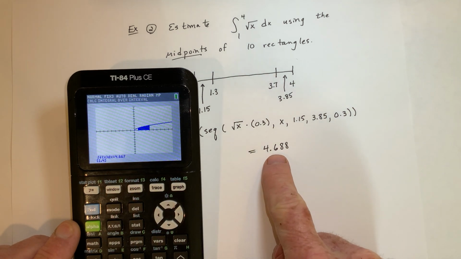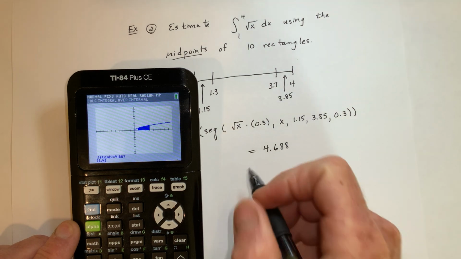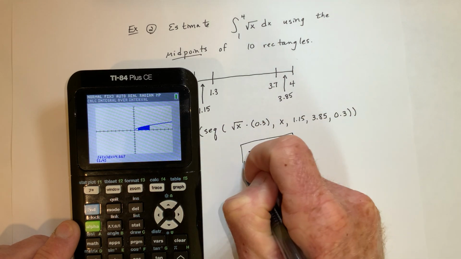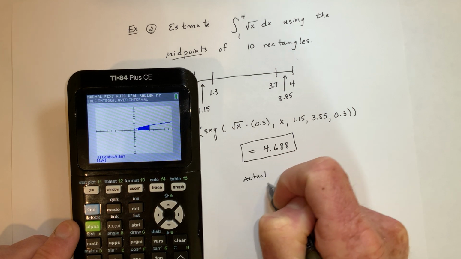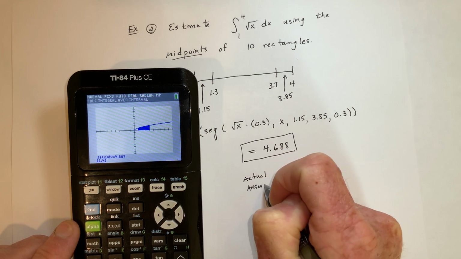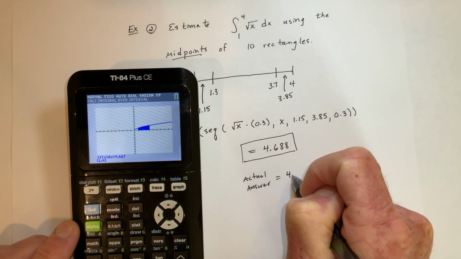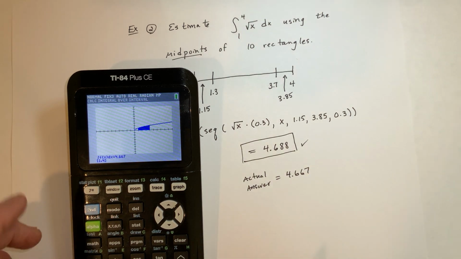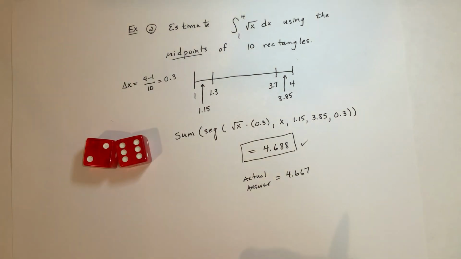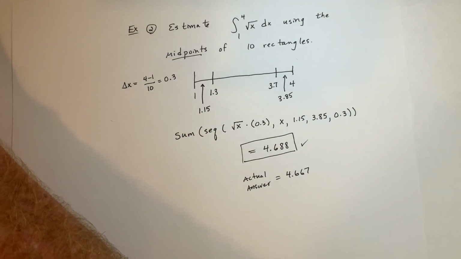I got 4.688. So this was my estimate, and the actual answer would be 4.667. So my estimate was actually pretty decent, considering I only used 10 rectangles.